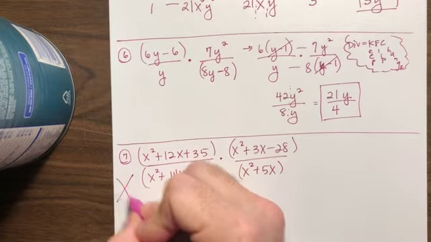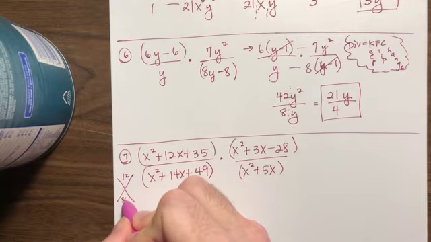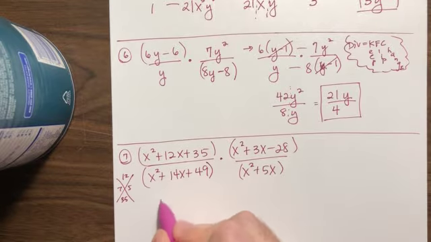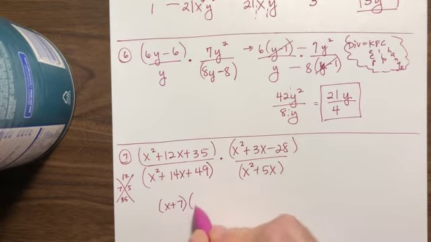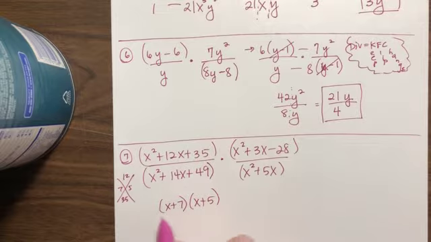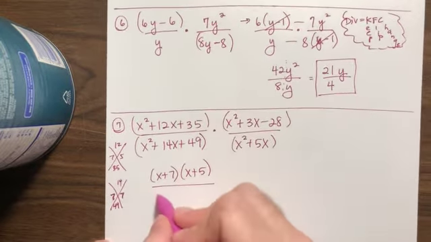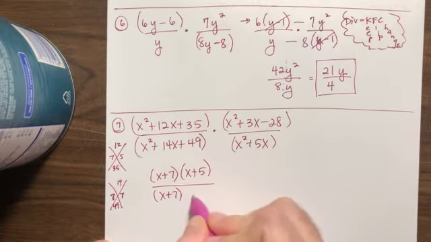So, again, 12 and 35, we go, what two numbers multiply and add? It's 7 and 5, aren't they? So x plus 7, x plus 5. And then 14 and 49, we go, what two numbers? 7 and 7, isn't it? I'm not confused. Hopefully you're not either. X plus 7, x plus 7.